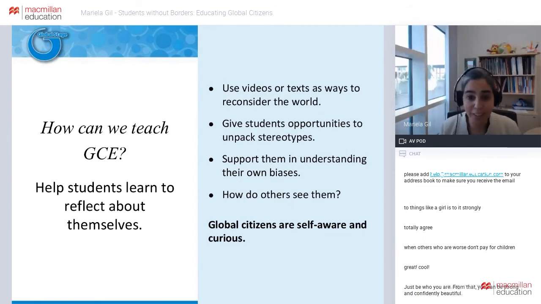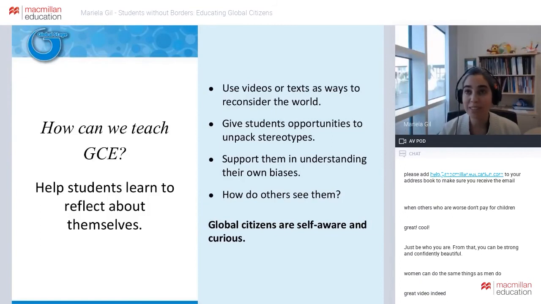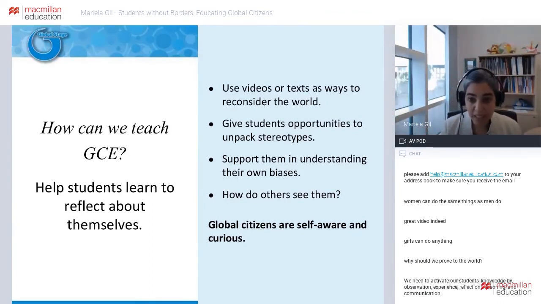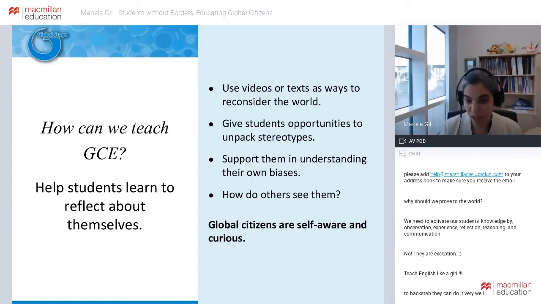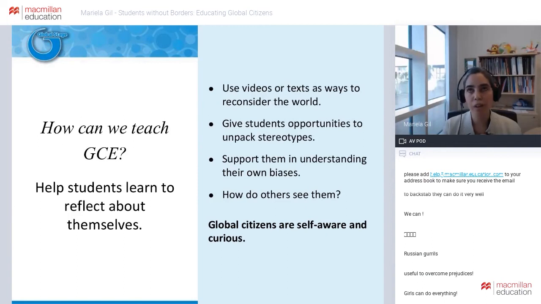A girl can fight, a girl can run, a girl can do whatever the girl decides they want to do. However, we don't realize when we use language like run like a girl, we're saying not run well. We're saying run weakly. So people don't necessarily think about these things. If we give them a moment to reflect, then you learn about yourself.